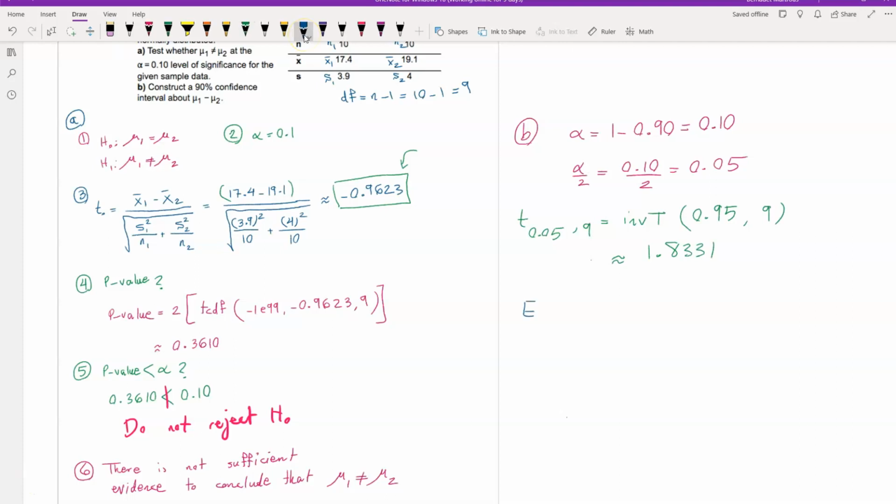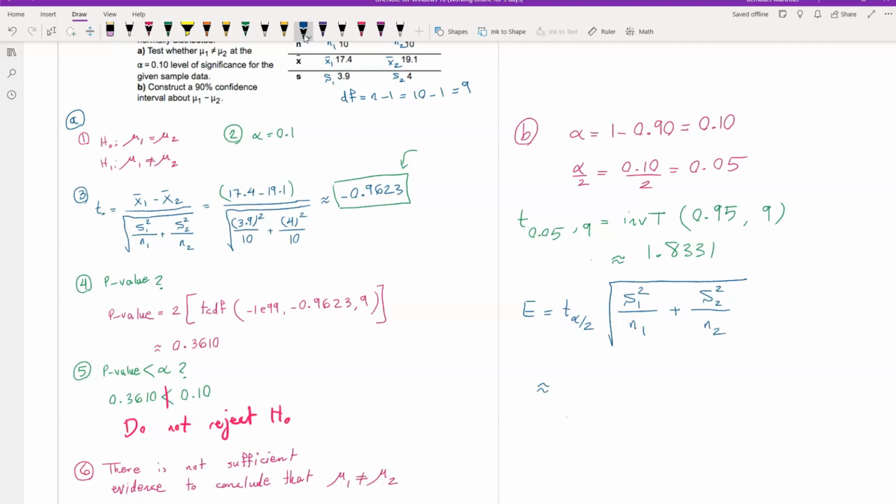Next step, find the margin of error E. That is t times the square root of s1 squared divided by n1 plus s2 squared divided by n2.